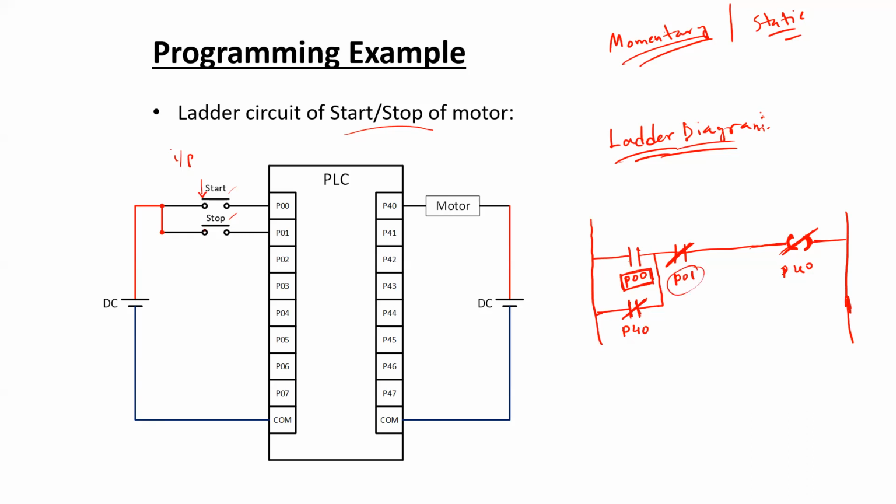When the stop button is pressed, the contact associated with P01 will have a transition and open the path, and the output coil will stop receiving the high signal.